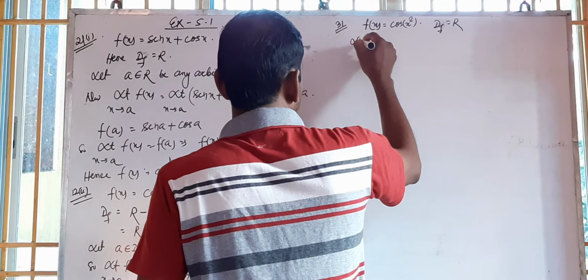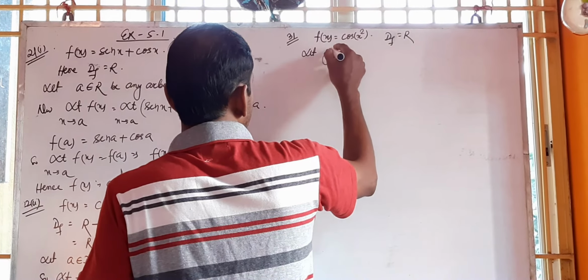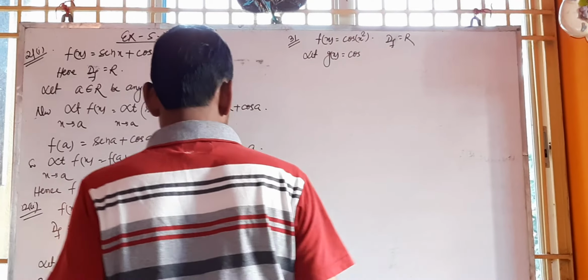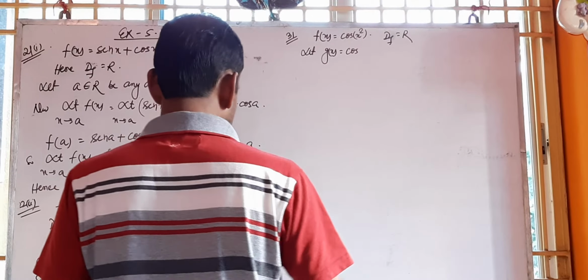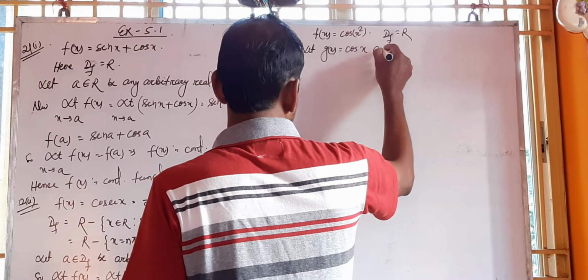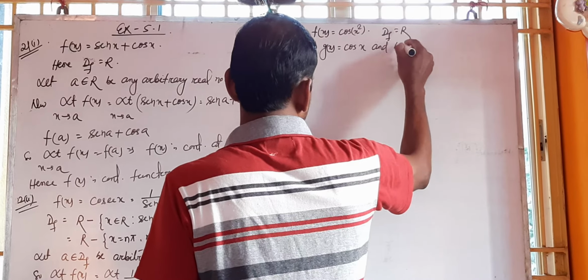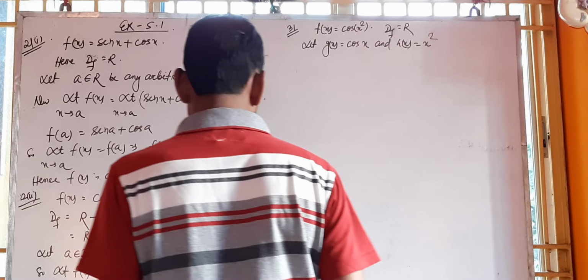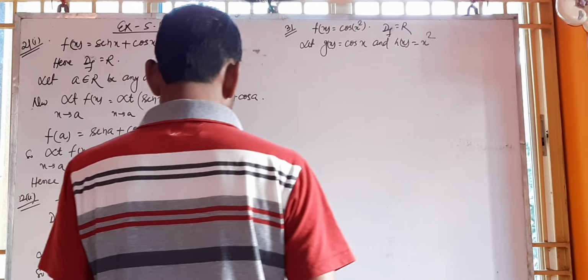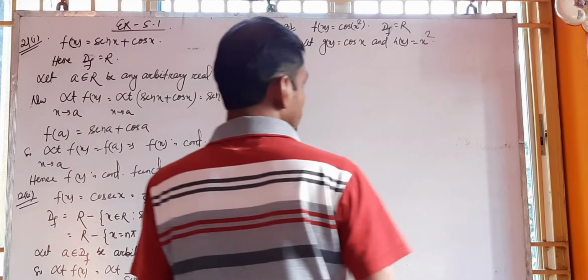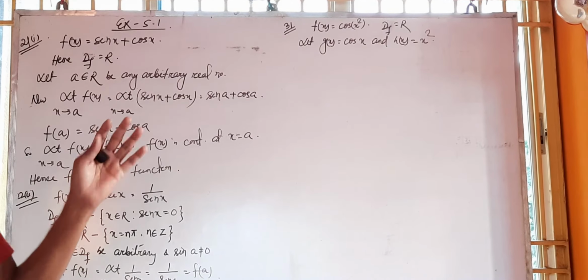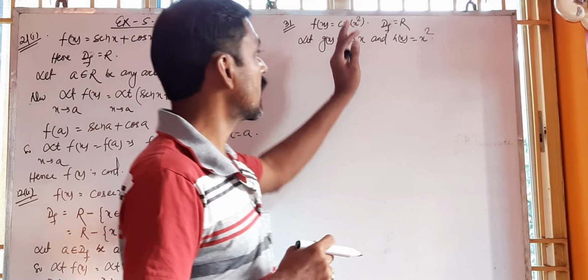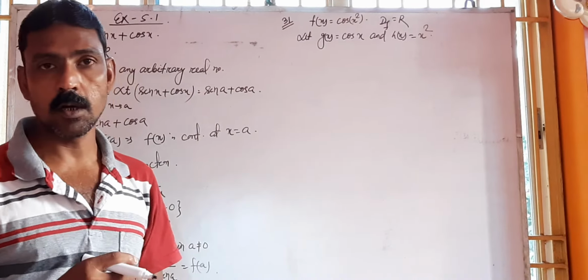Now I can write, let g of x be cos x, and h of x equal to x square. We have split this function into two different functions, g and h.